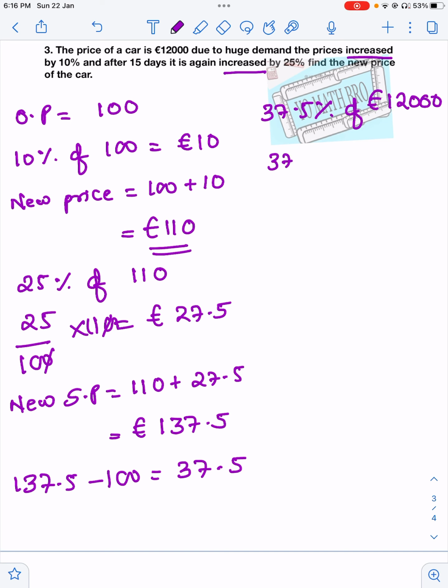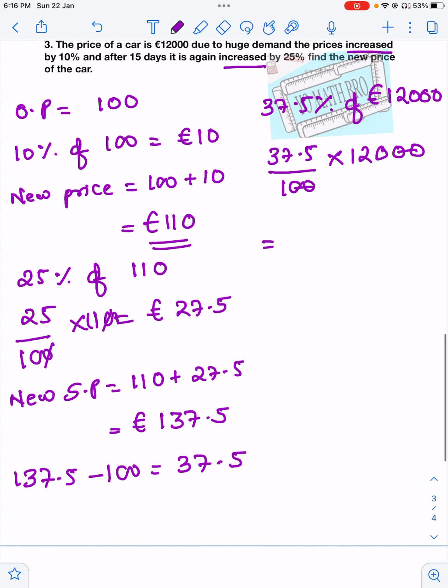So 37.5 upon 100 into 12,000 gives me €4500. This is the 37.5% increase in the price.